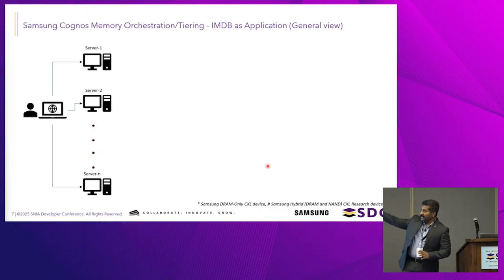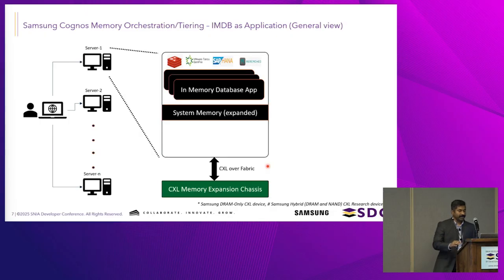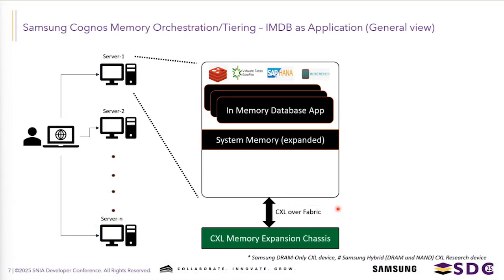This is a very generic view, and I am going to drill down more as we move forward. In a general distributed in-memory database application, I take one of the nodes where this is running and expand it. You can see there would be many instances of this in-memory database server in a physical node, all sharing the same system memory.